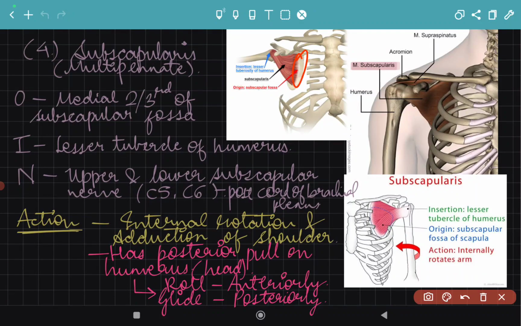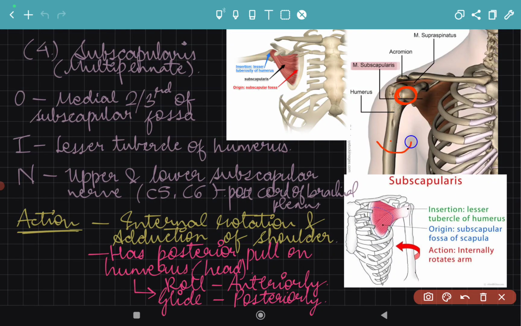Here we can see how it attaches, comes from here and attaches this way. This muscle helps to perform internal rotation, as it has a posterior pull on the humeral head. Here is the insertion and this is the humerus.